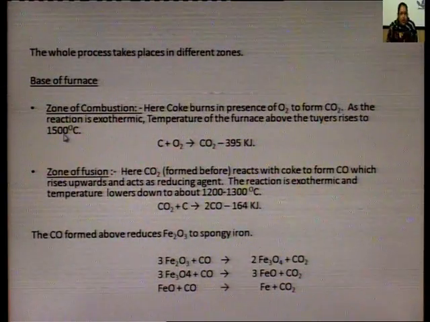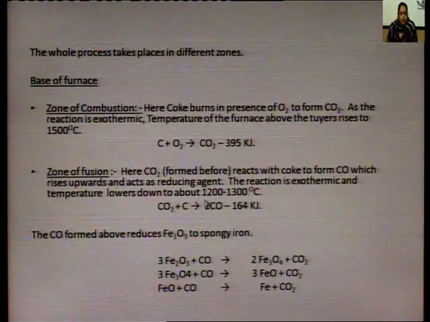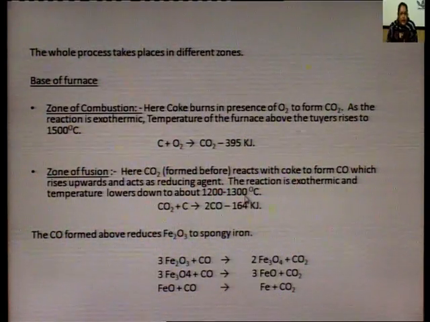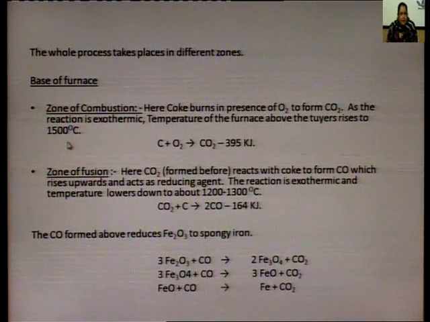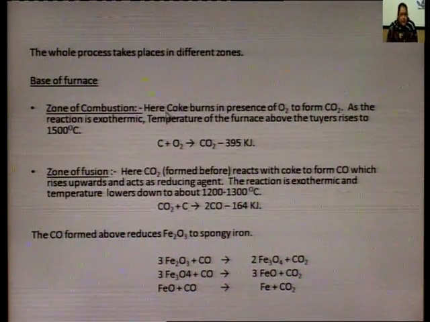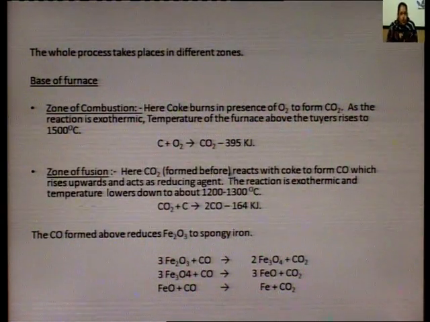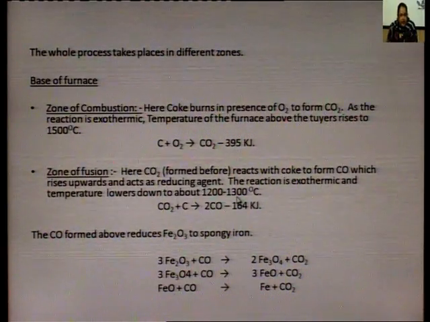The temperature of the furnace decreases to 1200 to 1300 degree centigrade. As the temperature above the tuyeres was 1500 degree centigrade, the temperature in the blast furnace above this zone becomes 1200 to 1300 degree centigrade.